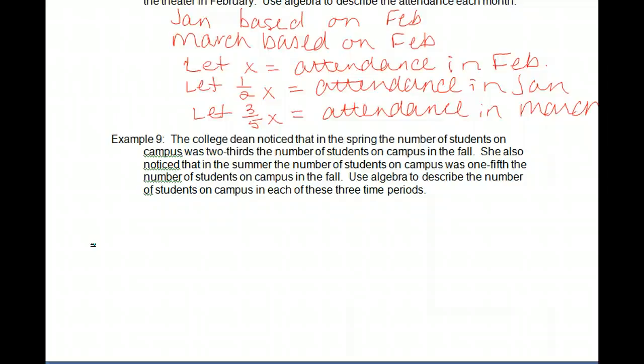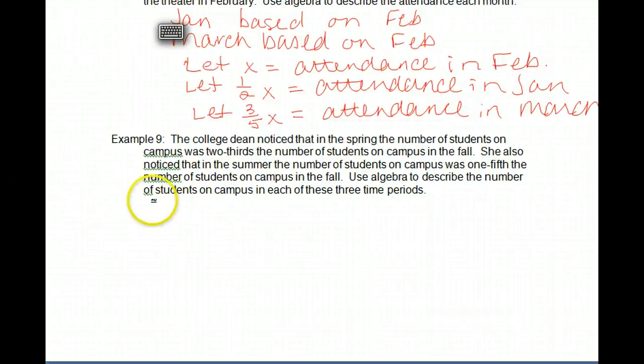Okay, by now you should have had an opportunity to complete example 9. We are now going to go over the answer together. The problem said that the college dean noticed that in the spring, the number of students on campus was 2/3 the number of students on campus in the fall.